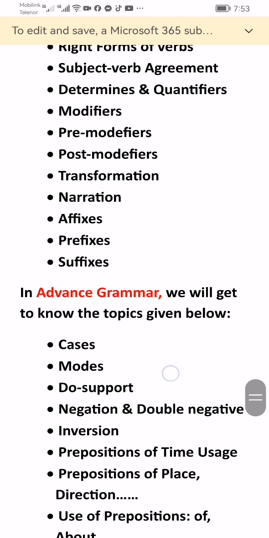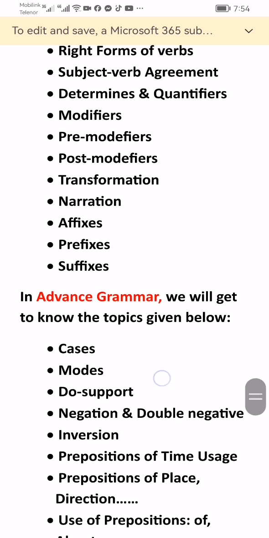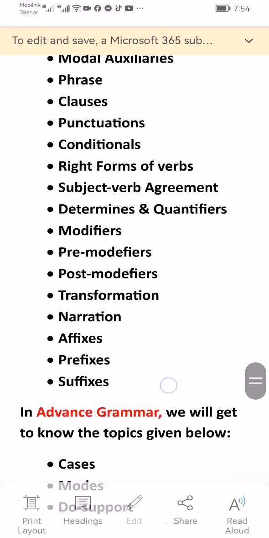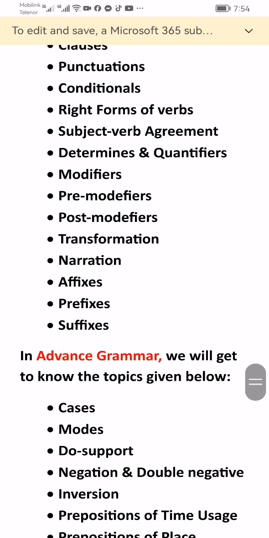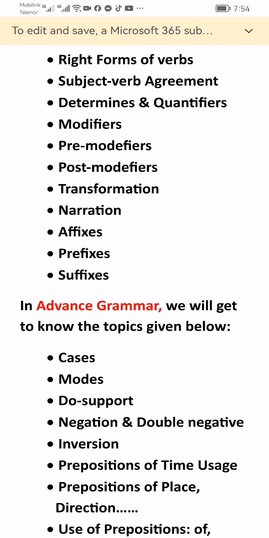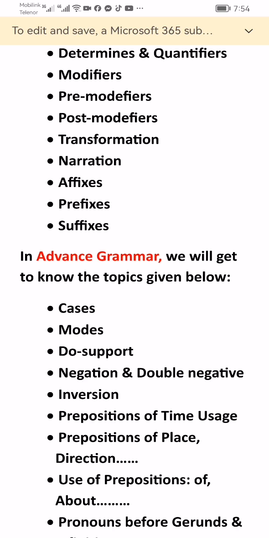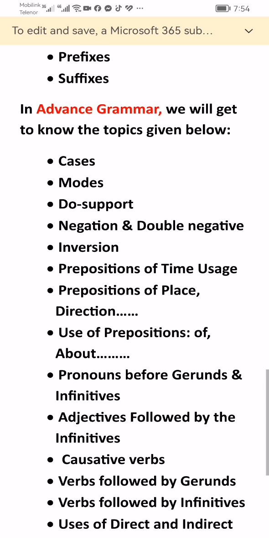When we finish intermediate grammar, then finally we will move on to advanced grammar. In advanced grammar we will discuss the following topics: cases, modes, support, negation and double negative, inversion, prepositions of time, usage, preposition of place, and direction, and uses of different prepositions.